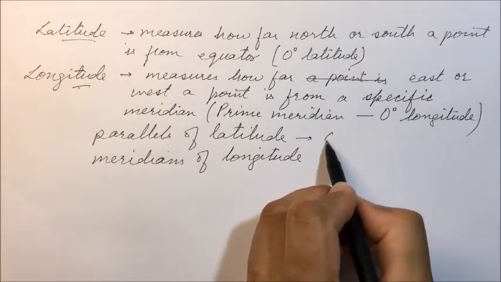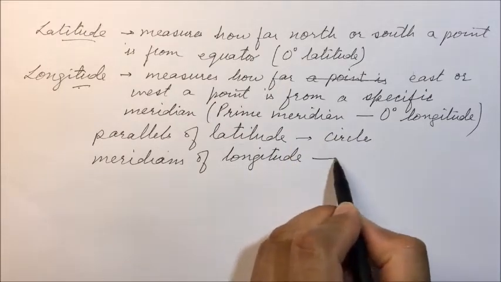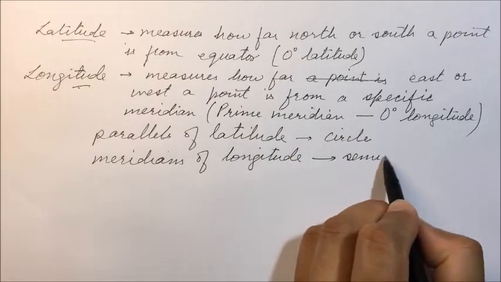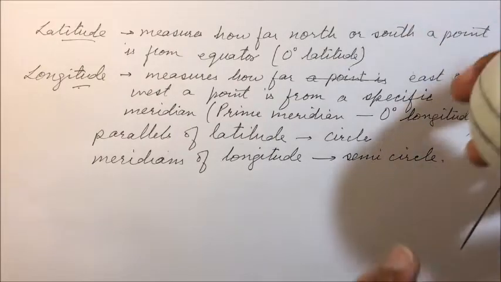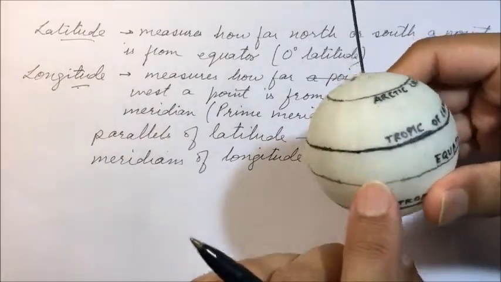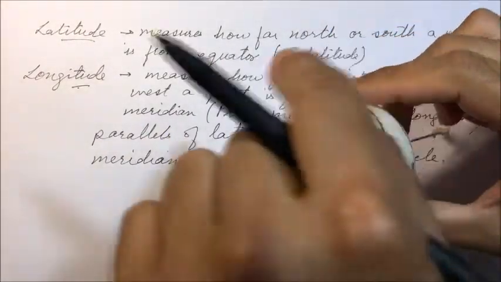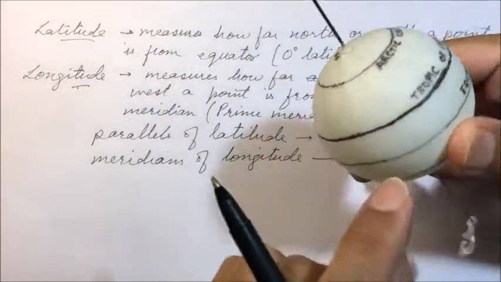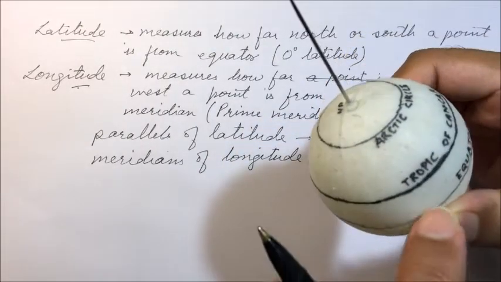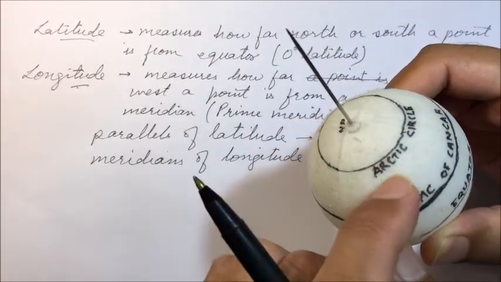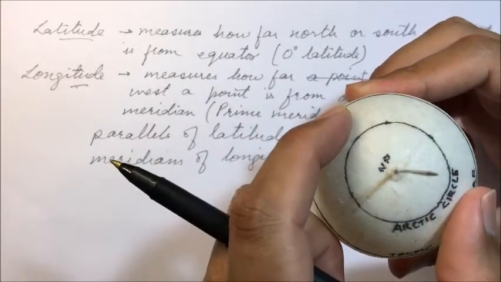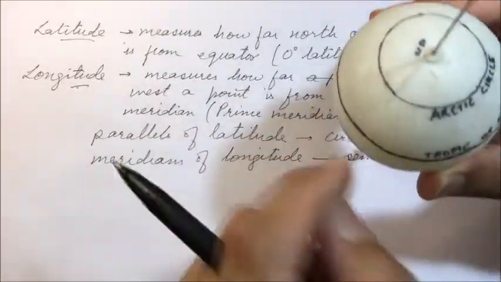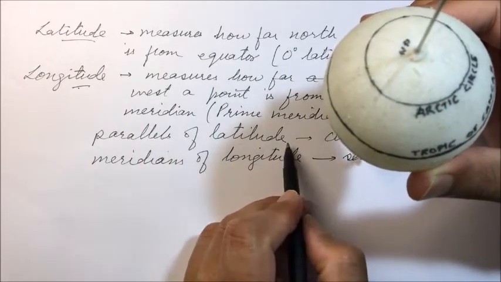For example, among parallels of latitude, the equator, 0 degree latitude, forms the great circle. The rest, the Tropic of Cancer, the Arctic Circle, etc., are all smaller circles. So only one great circle exists among parallels of latitude.